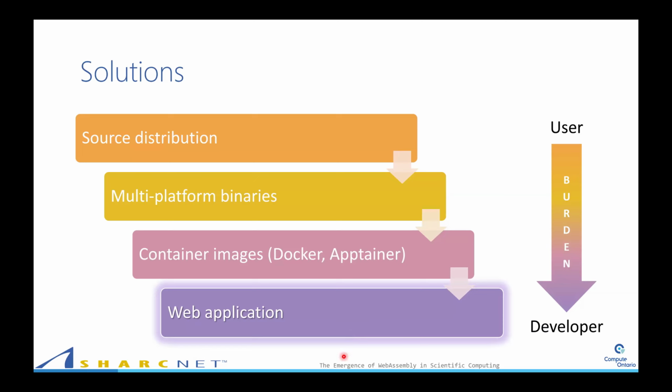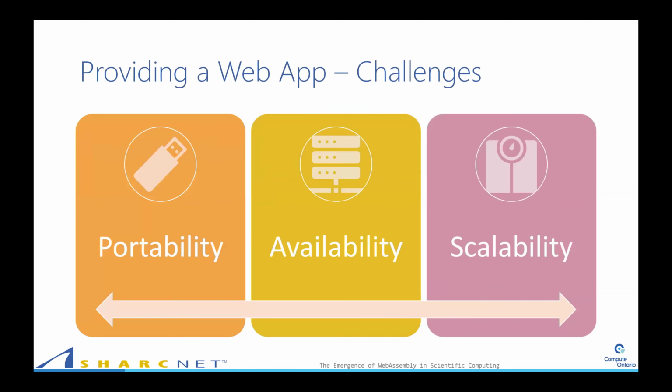As a bonus, users can run the web app from anywhere using any device that has a browser. So if we'd like to target a large number of users, which is usually the case, web app would be the preferred choice. But we should overcome some challenges associated with a web app.